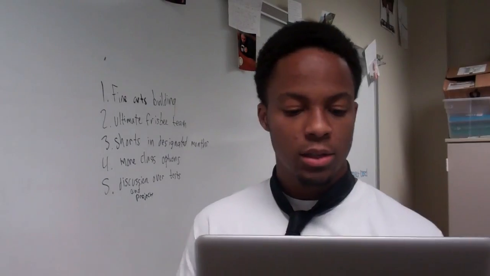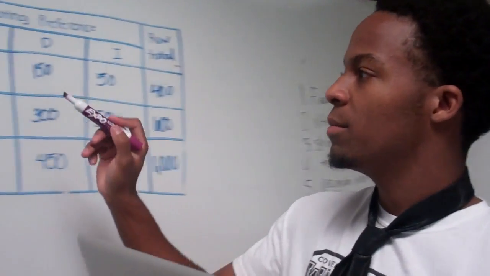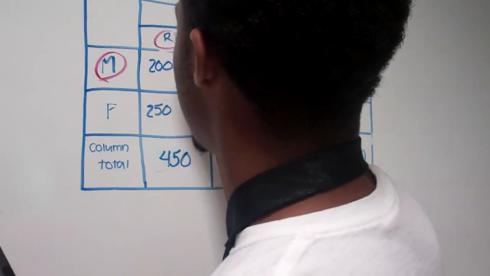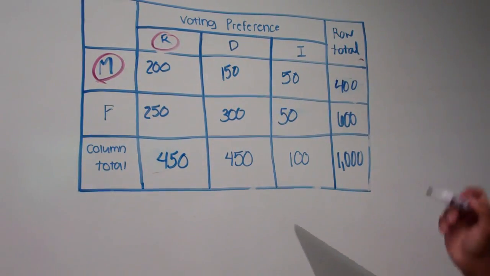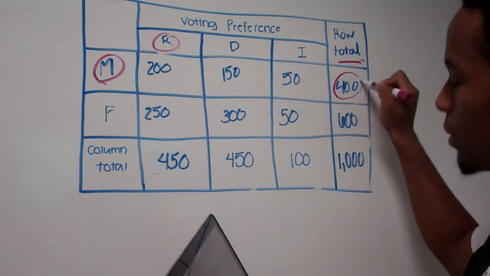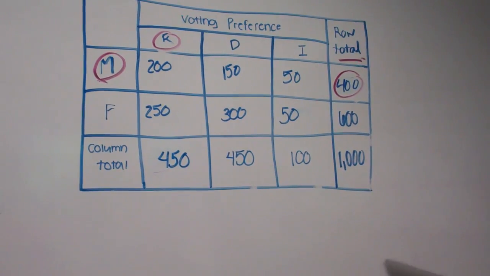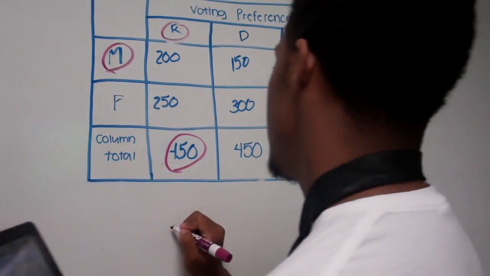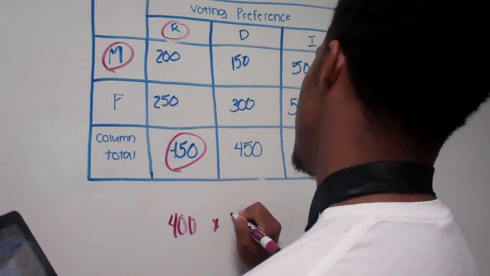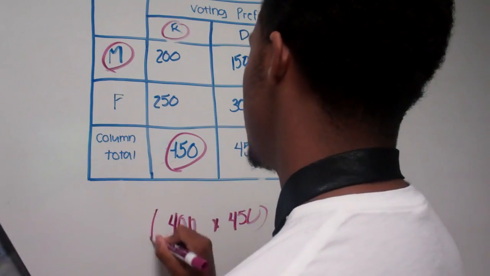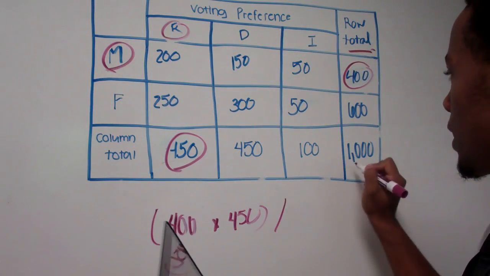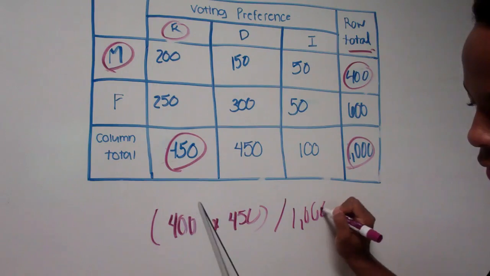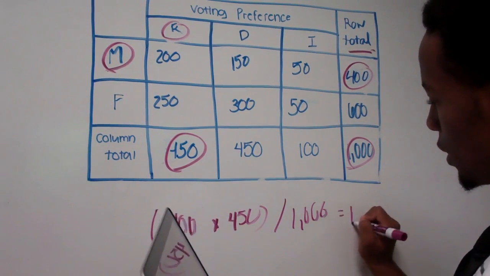Keaton, do you know how to go about determining if the last condition is met? No. Isn't it your job to tell me? So let's say I want to calculate the expected counts of males who voted for the Republican Party. I would take the row total of 400 males and multiply that by the column total of 450 voted Republicans. So 400 times 450. Now take that and divide it by the sample size of 1,000, which then turns out to be 180.